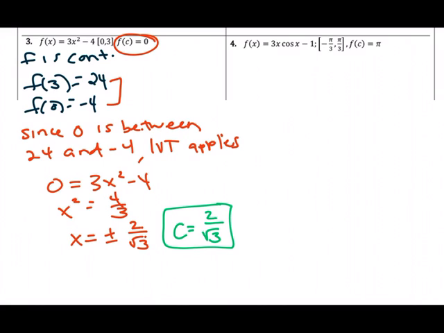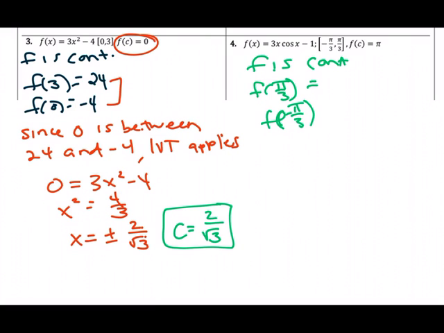All right, last but not least, number 4. The first thing I notice is that we're talking about a function that's continuous everywhere, so it's definitely continuous on this interval. So we're going to look at what's happening at pi over 3 and what's happening at negative pi over 3. At pi over 3, we're going to get 3 times pi over 3 times cosine of pi over 3 minus 1.